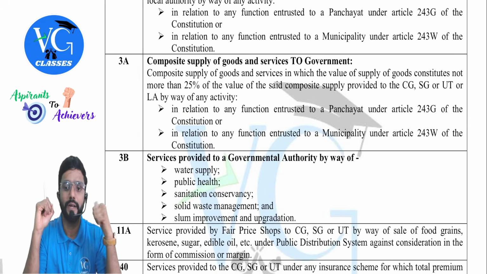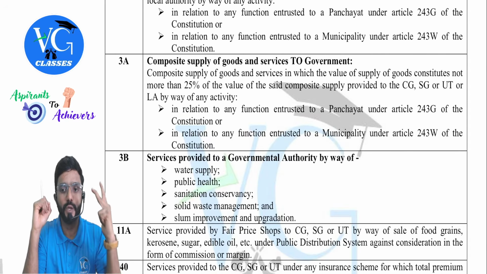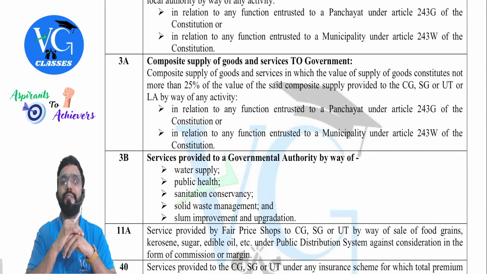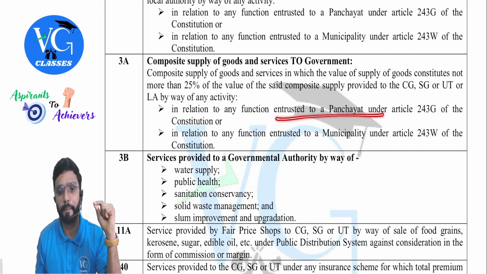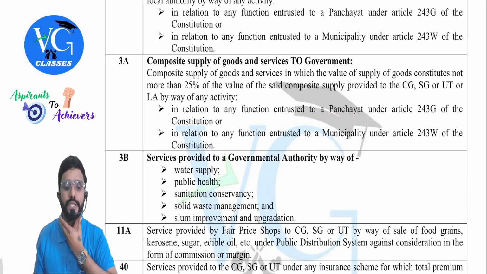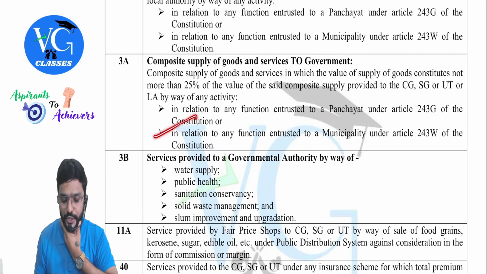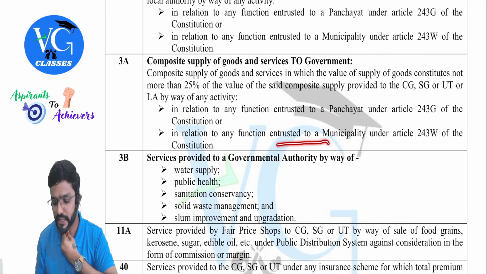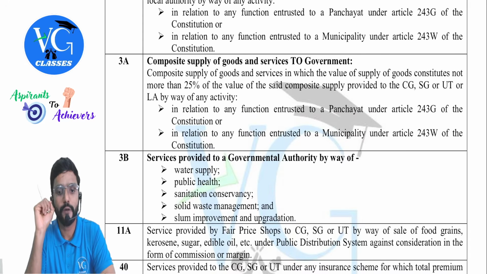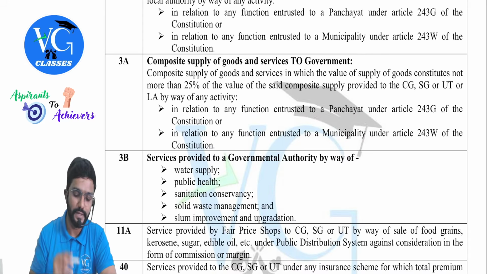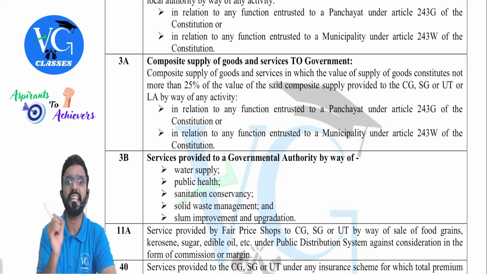Provided to central government, state government, union territory or local authority by way of an activity in relation to a function entrusted to panchayat under Article 243G of the Constitution, or in relation to any function entrusted to municipality under Article 243W of the Constitution. This is the exemption given in entry 3A.